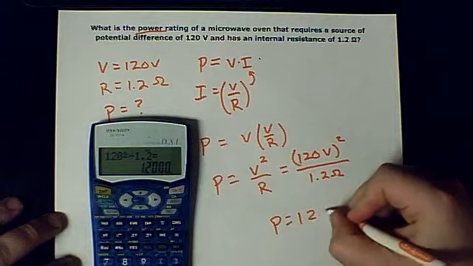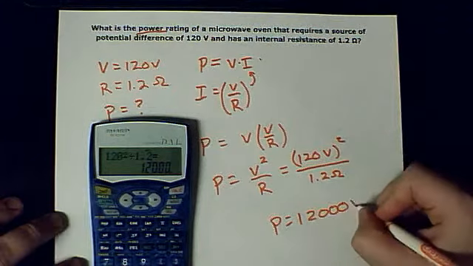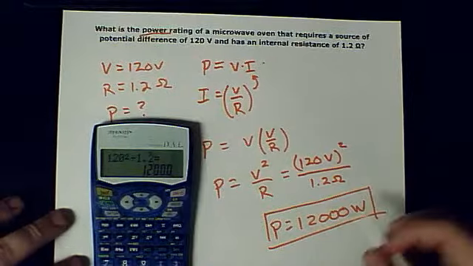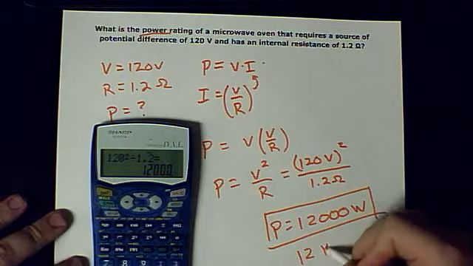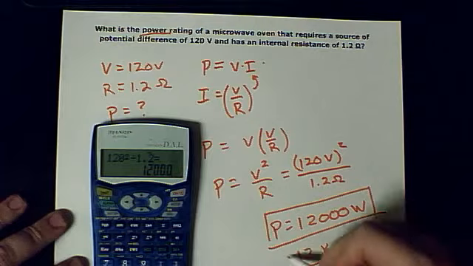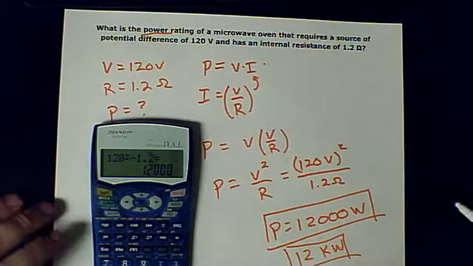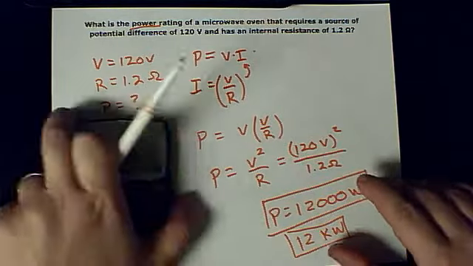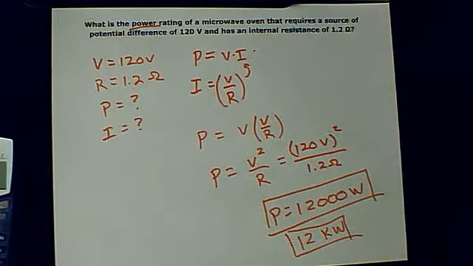My power is 12,000 watts, or 12 kilowatts, if you wanted to do it that way. And there you go. Two-step problem is a little bit more complicated, but not really that hard.